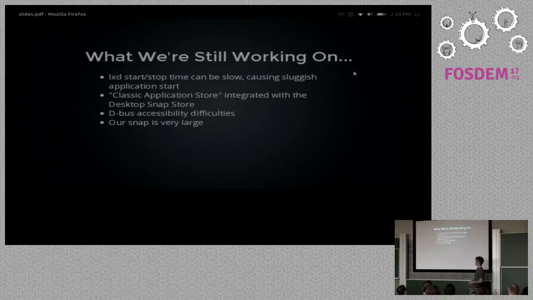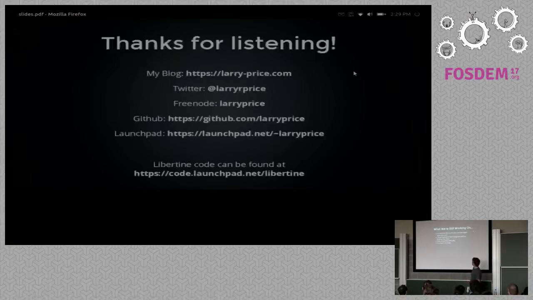All of these things, Unity 8, Mir, Libertine, and snap, are all moving at a mile a minute development-wise. And a lot of stuff's still broken, like we have trouble with a lot of apps that use D-Bus. Our snap's pretty big. I think I might have made a regression where audio doesn't work in the snap, but that's what you get for working too hard on that demo. And that's it for me.